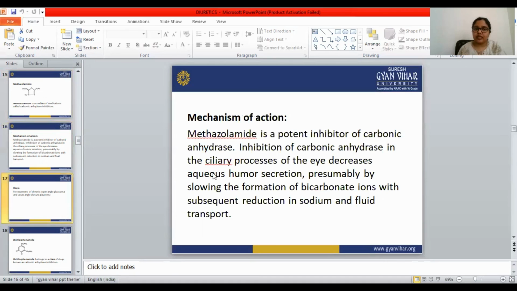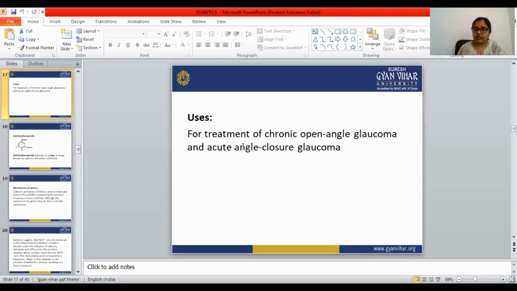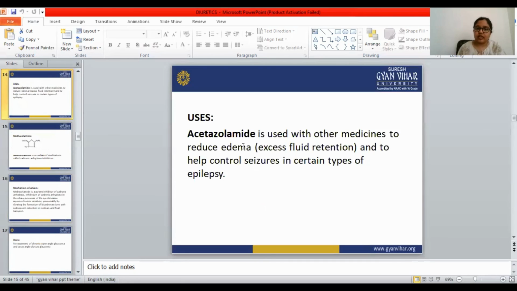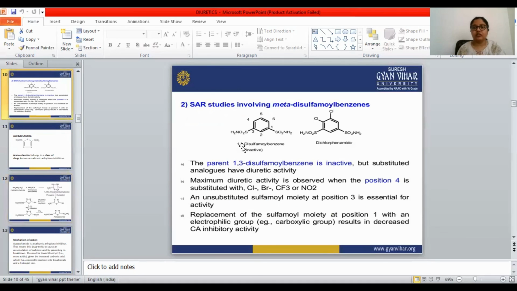And the example of the sulfamyl benzene is dichlorphenamide. Both of these drugs are in the category of carbonic anhydrase inhibitors. The SAR of these drugs is mainly important in medicinal chemistry. So for the SAR of the disulfamyl benzene group, the first position sulfonyl group should be unsubstituted.